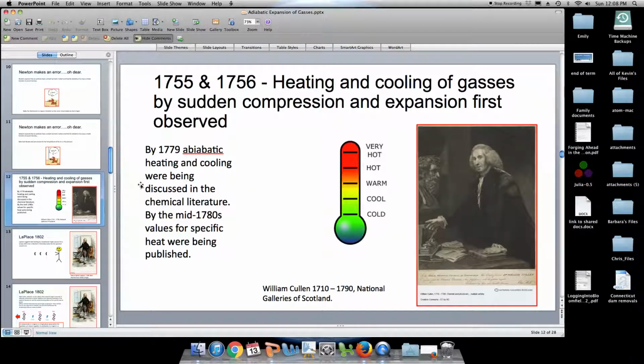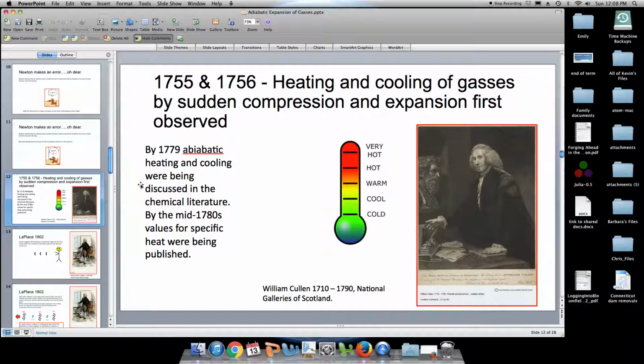All right, before I answer that question, let's talk about the discovery of the adiabatic heating and cooling of gases by William Cullen of Scotland. And in 1755 and 1756, it was noticed that if you compress a gas very, very rapidly, you would get a temperature rise. And if you allowed a gas to expand very, very rapidly, you'd get the temperature fall.